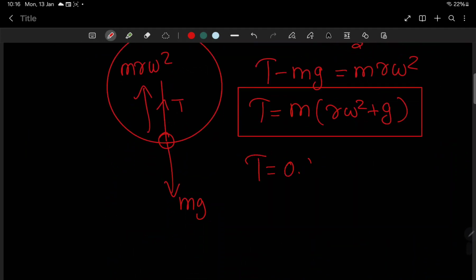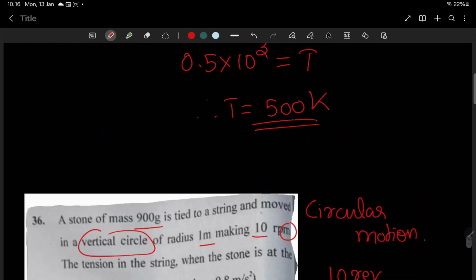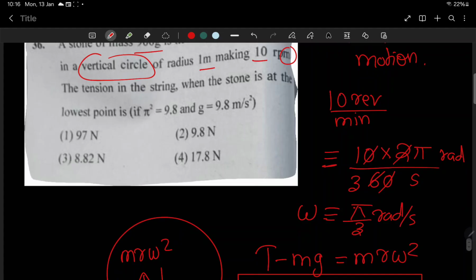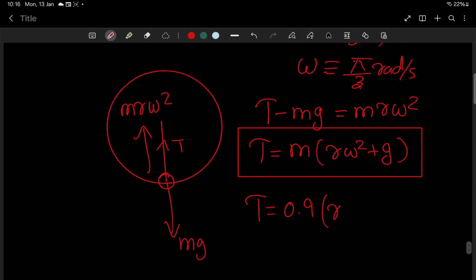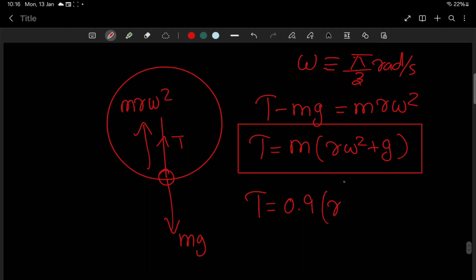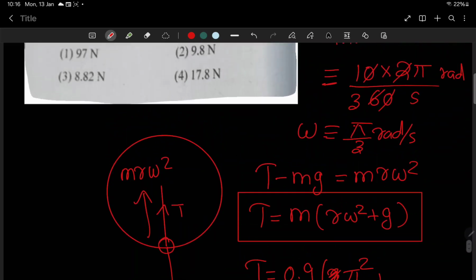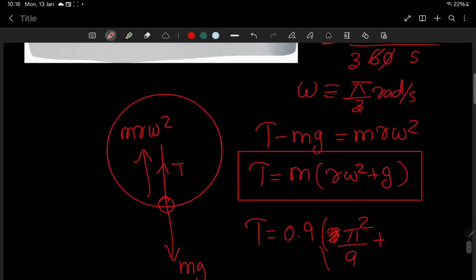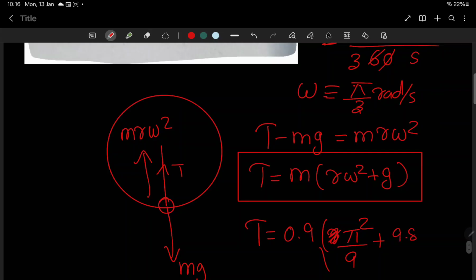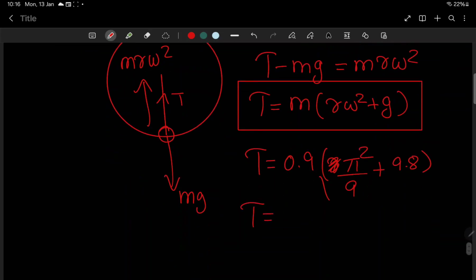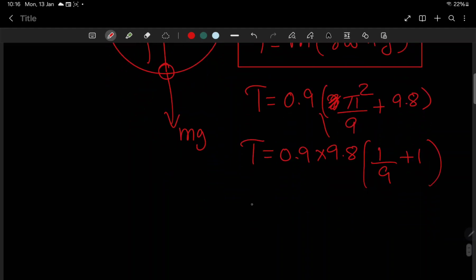Okay. Now substitute it here. T equal to m, that is 0.9, into r into omega square. Something is given here: pi square is equal to 9.8. So r omega square means pi square by 9, with r as 1, so it is pi square by 9 plus 9.8. It is given that pi square is equal to 9.8, so we can take 9.8 outside and we get 1 by 9 plus 1, that is 10 by 9.